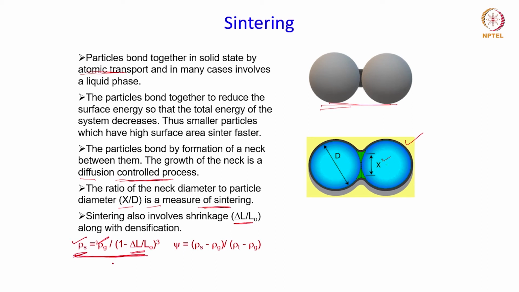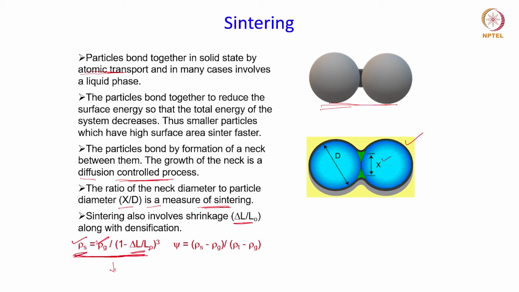So from this relation you can say that the compact densifies from the green density rho g to the sintered density rho s, which is higher compared to rho g, due to the shrinkage which takes place during the sintering process, right? So densification will always be accompanied by shrinkage, okay?